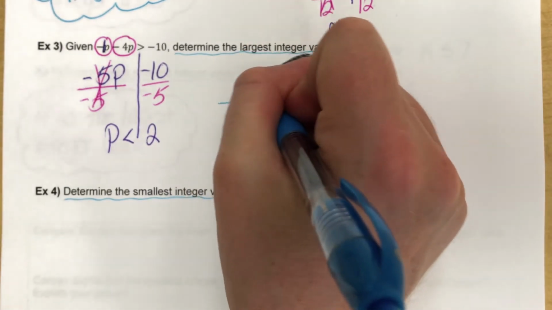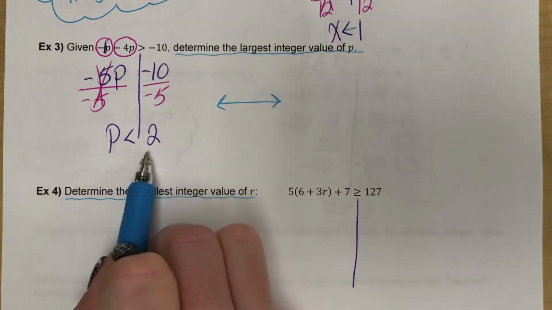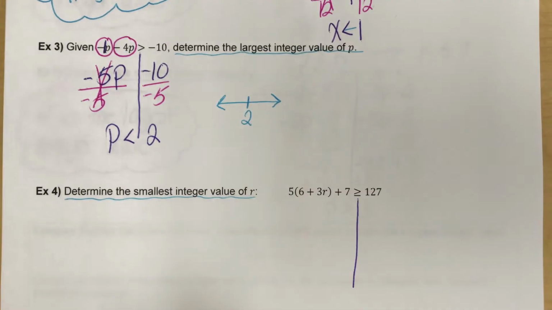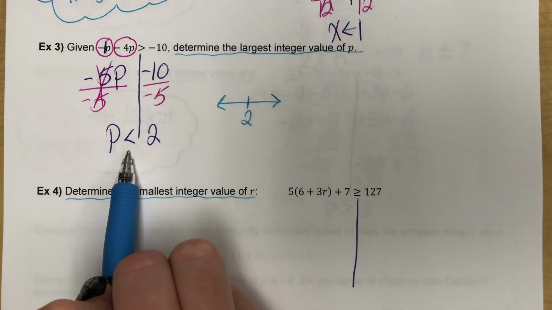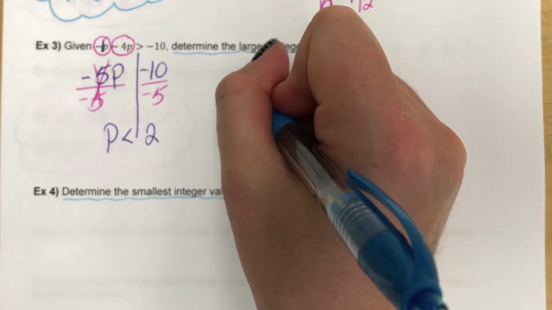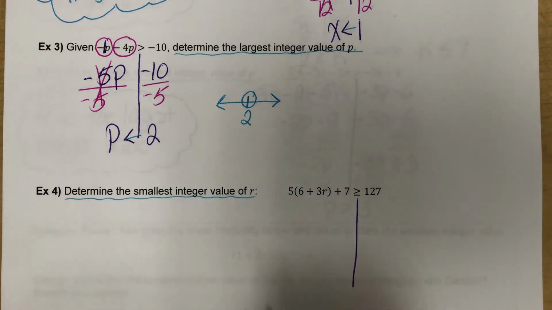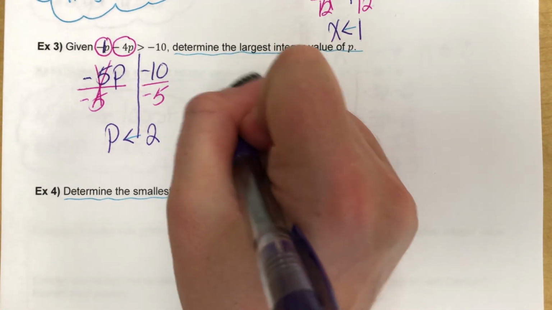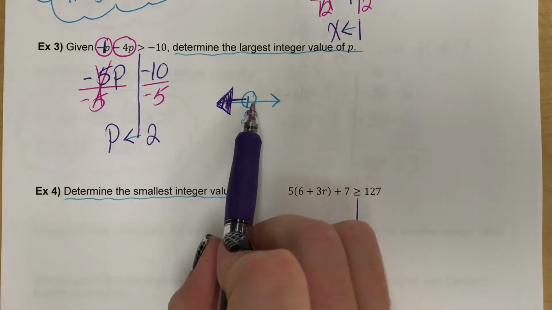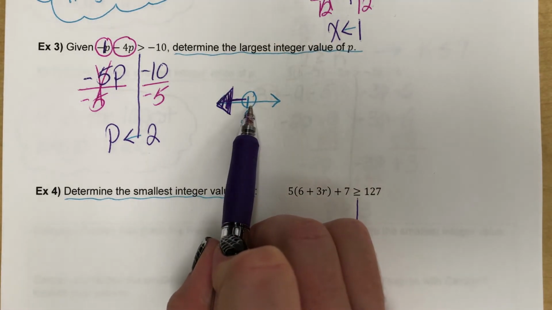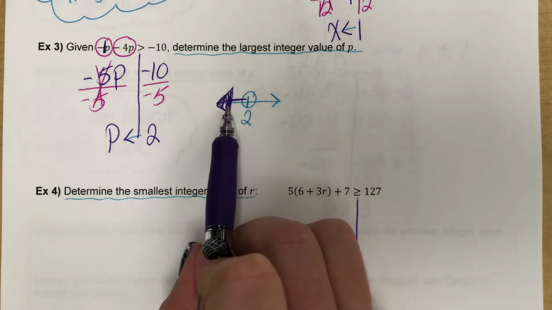So now I'm going to just draw a quick number line. I'm going to put my solution on it. This is not included. That means it gets an open circle. My arrow points to the left. So again, I'm going to shade to the left-hand side. Well, since 2 isn't included, I have to ask myself, what number is less than 2?